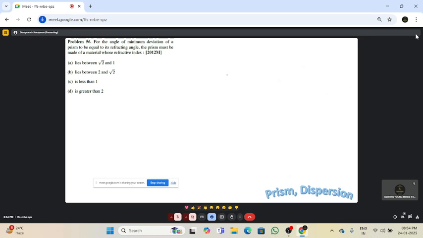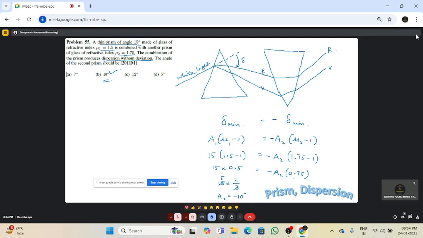Sir, if the options are minus 10 degrees and plus 10 degrees, which should we choose? See, good question. If they ask for the angle of prism, the angle of the second prism, it is definitely a positive value. We have to choose only the positive value. I don't think they will give you a negative, but if they do, I think it is confusion only.